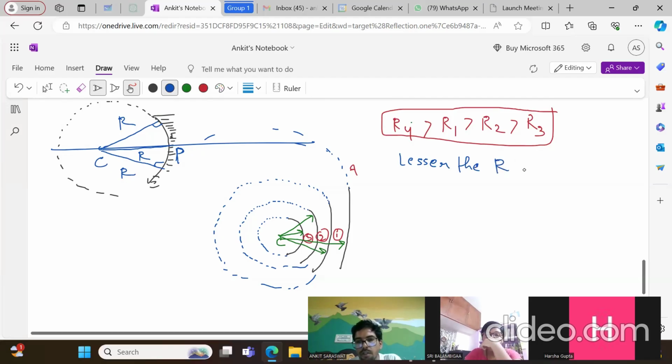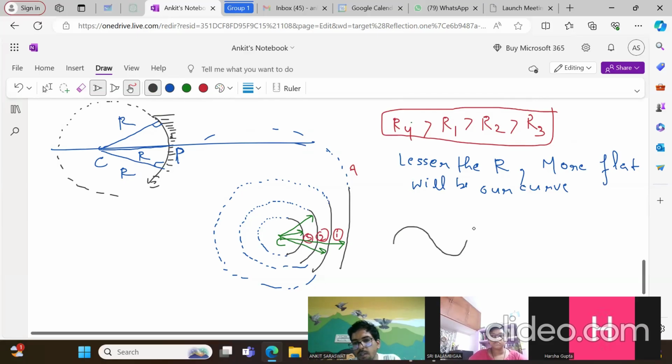It means what? Radius of curvature means curvature of the curve. More is more flat. Like, did you notice on a hill like this? Did you notice the roads like this?